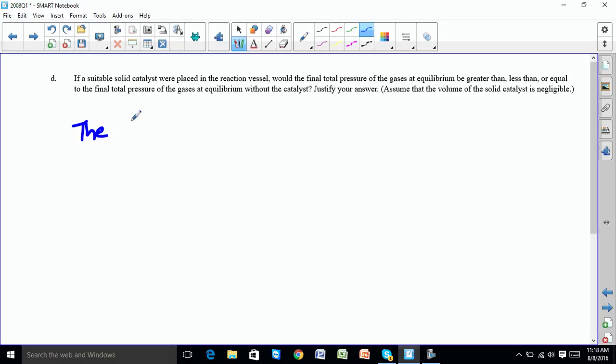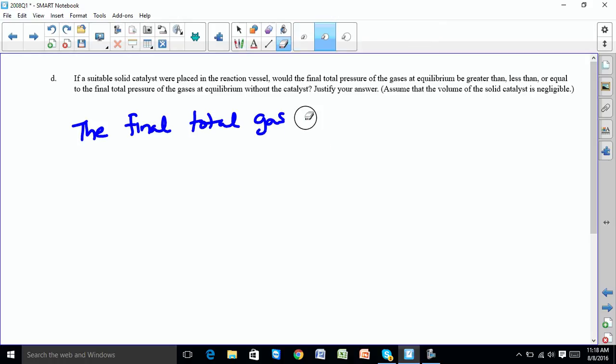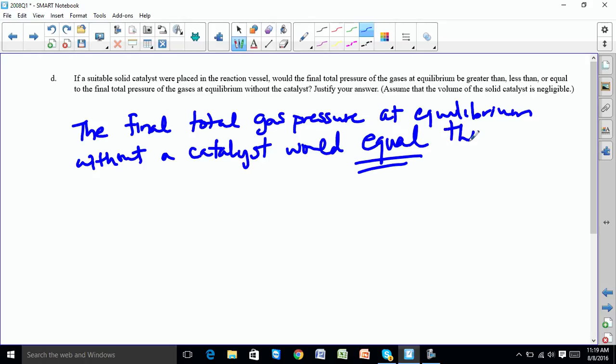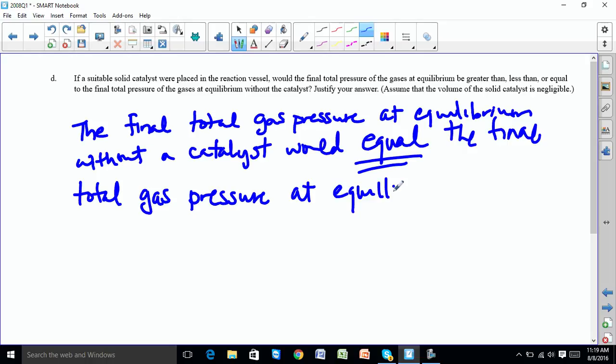I would just say the final total gas pressure at equilibrium without a catalyst would, and this emphasis is mine, equal the final total gas pressure at equilibrium with a catalyst.